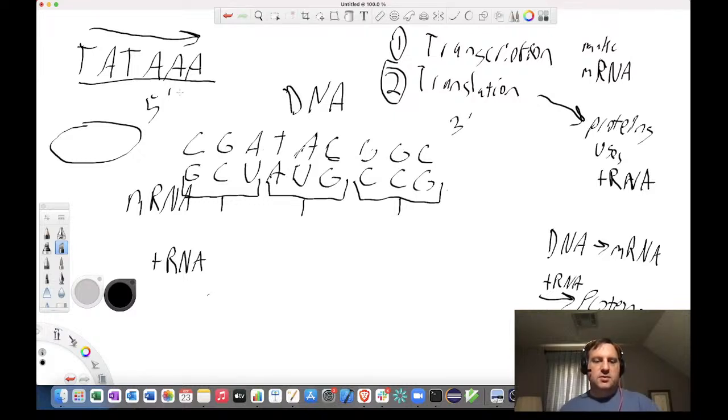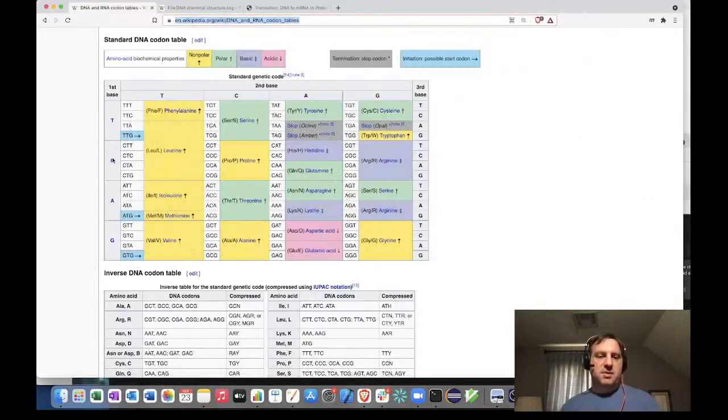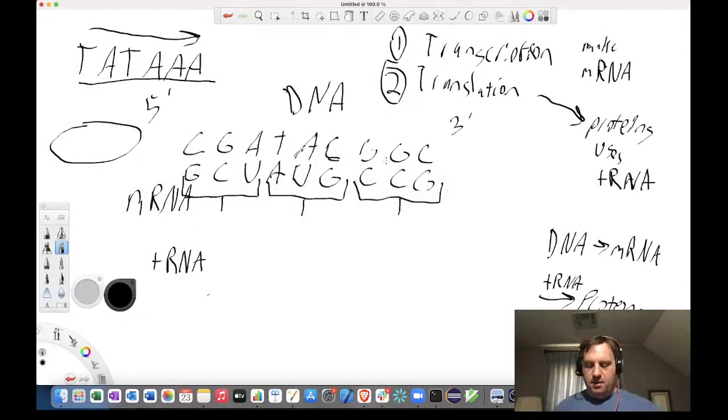GCU. Okay, so what does that translate to? Or actually, the DNA is CGA. So what does that translate into? Well, you go to this table. The first base is C, the second base is G, and the third base is A. So that's going to be arginine. Okay, so there's going to be a transfer RNA molecule that is also CGA, and it's going to have an arginine attached.